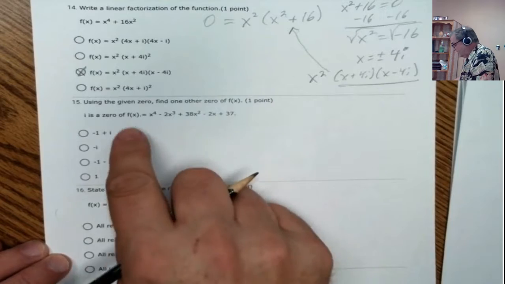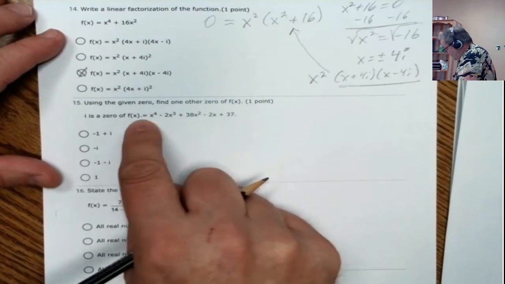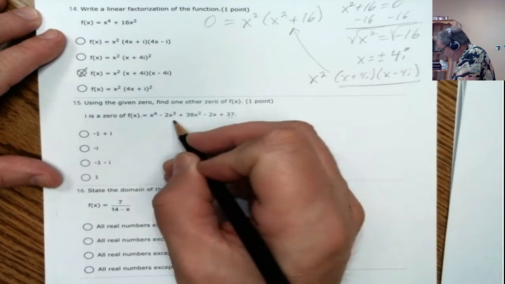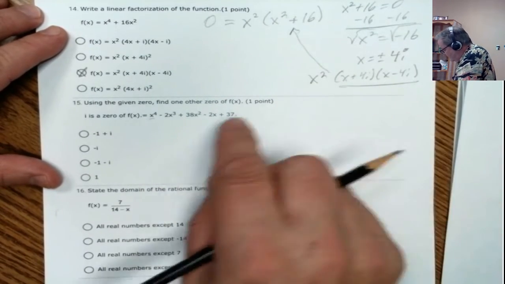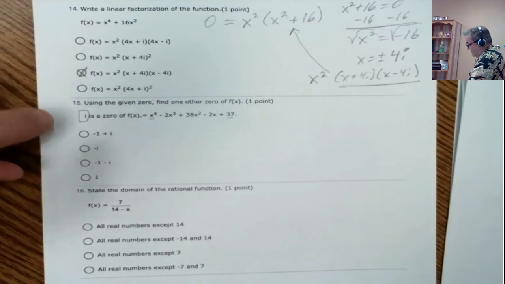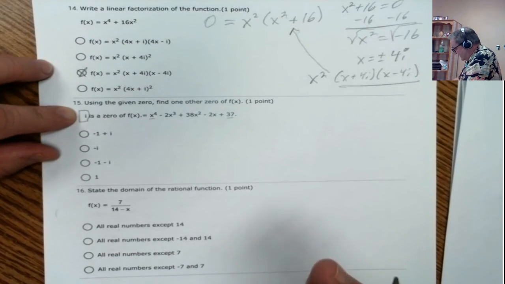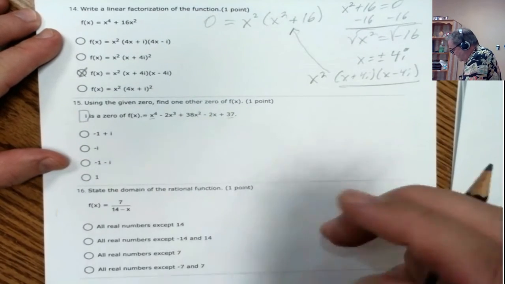All right, using this given 0, find one other 0. So we're like, wow, we know we could factor that and figure out all the possible factors, and we could do the Descartes to figure out positive ones. But here's the nice thing. It said i is a 0. Well, i is an imaginary number. So what we know immediately is imaginary numbers come in pairs if it's a 0 of a polynomial.